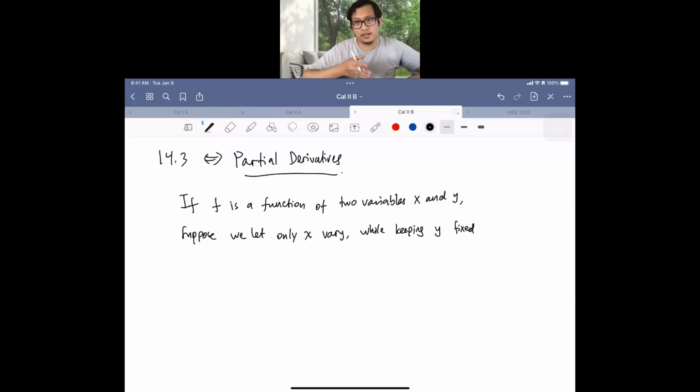We have a path. We take one variable to be dependent, which we can change, and the other variable becomes a constant.